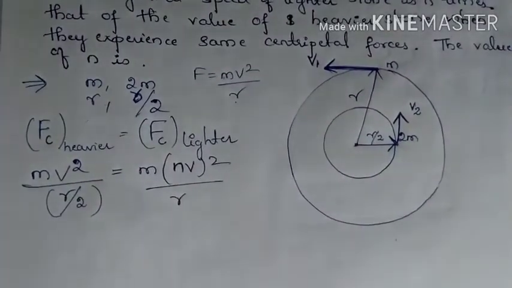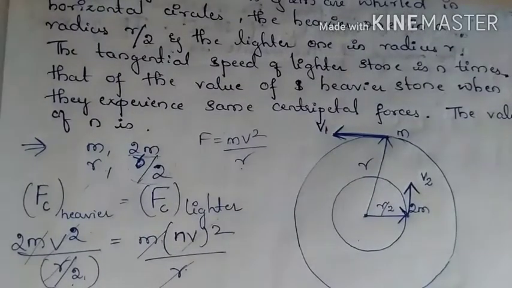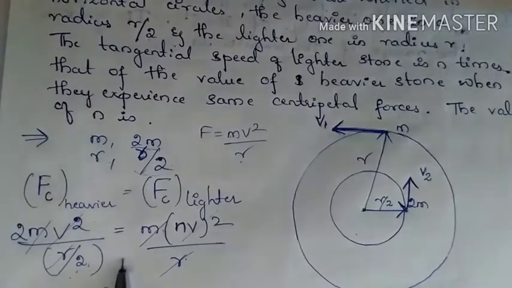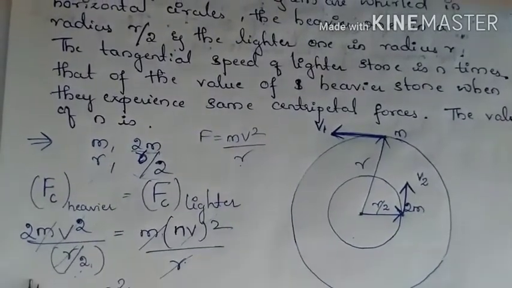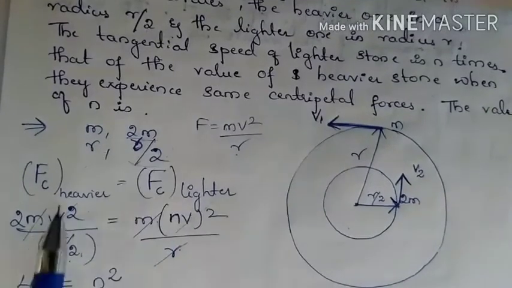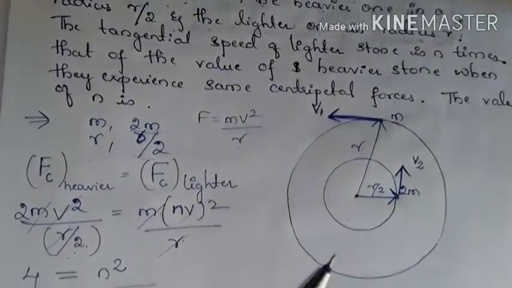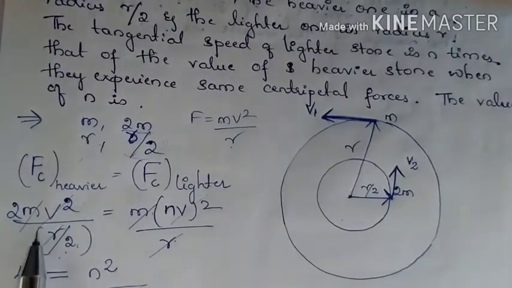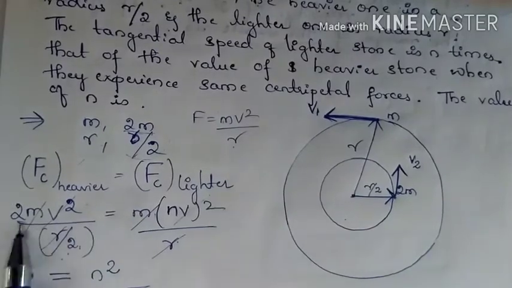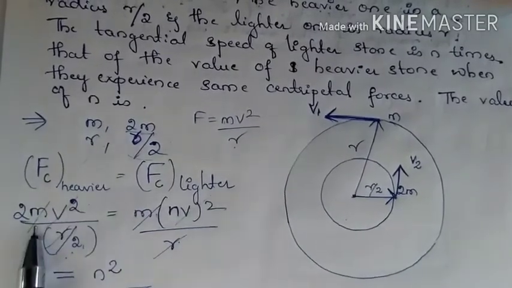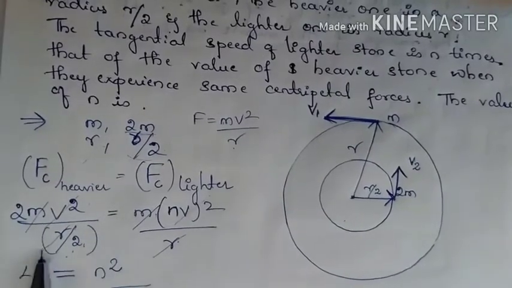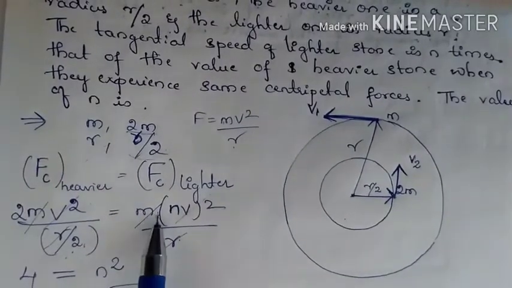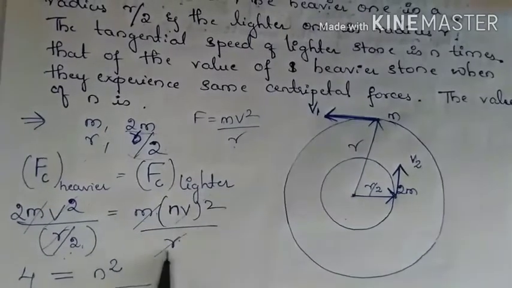Now the video got deleted, so I will explain the same thing again. What we have written: Fc heavier is equal to Fc lighter. So 2m v square by r by 2 equals m n v square by r. How did we write this? The mass of the heavier particle is 2m and its radius is r by 2, so that is 2m v square by r by 2, which equals m, with n v square, by r.